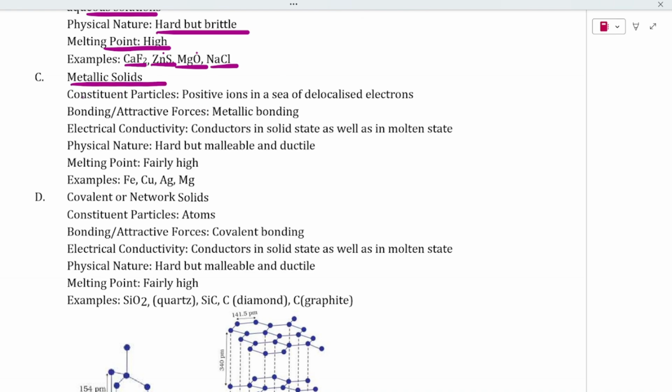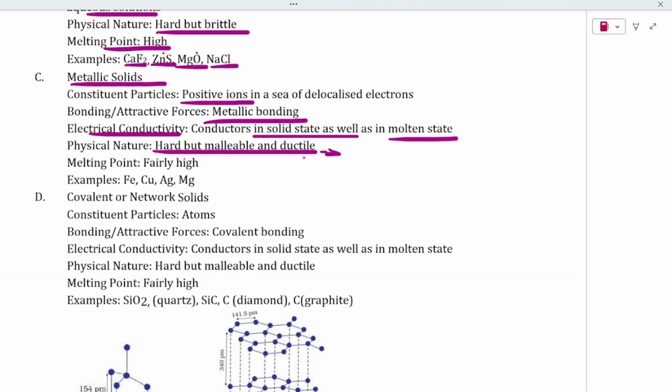Next is metallic solids. The constituent particles are positive ions. Bonding or attractive forces mean metallic bonding. They are conductors in solid as well as in molten state. They are hard but malleable and ductile. Malleable means it can be rolled without breaking into thin sheets.